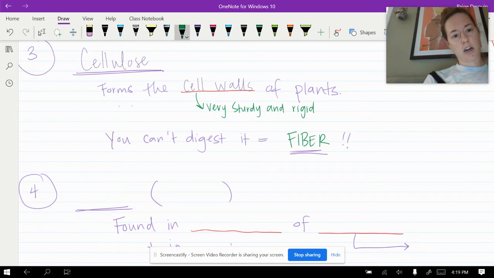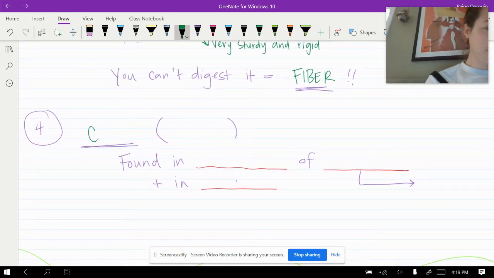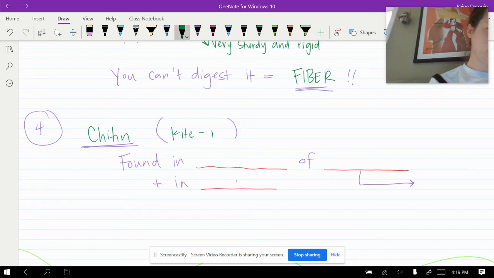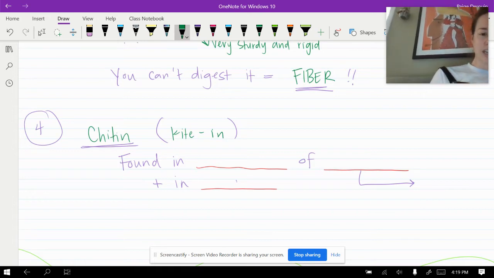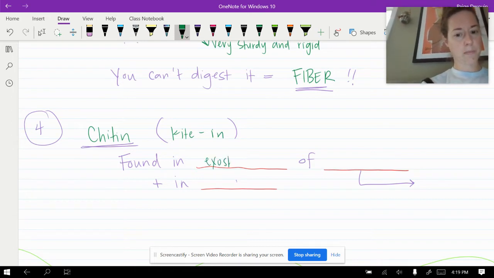And then the last carbohydrate that we're going to talk about that's a polysaccharide is called chitin, which is pronounced like kite-in. It looks like chitin. It's not, it's chitin. And this is found in the exoskeletons of arthropods.